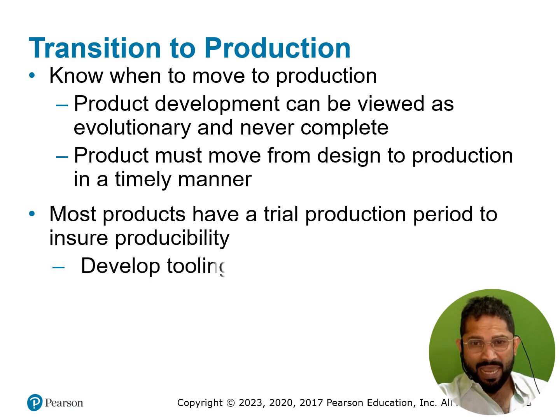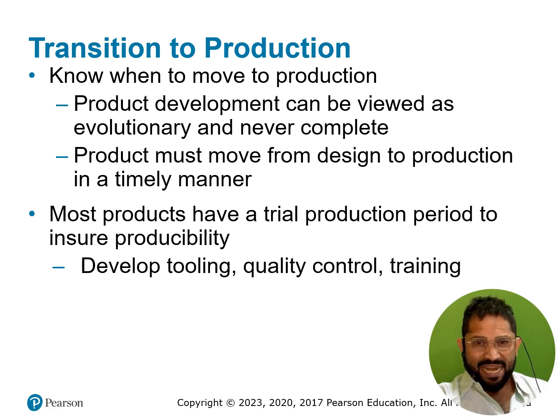Develop tooling and quality control. Tooling such as molds, dies, and fixtures must be developed or refined to support efficient manufacturing processes. Quality control measures should be established and integrated into production workflows to maintain product consistency and meet quality standards.